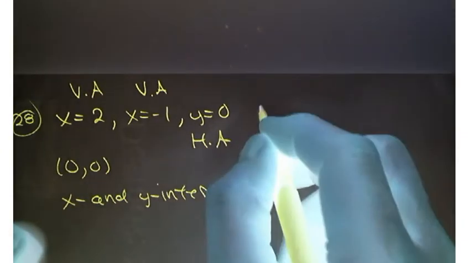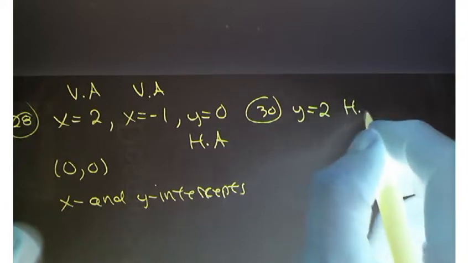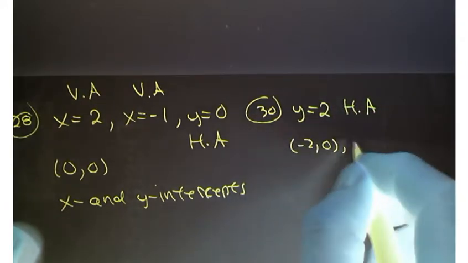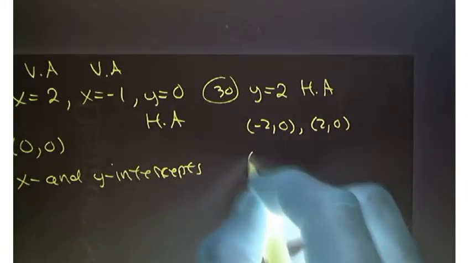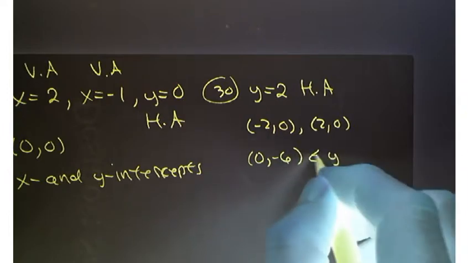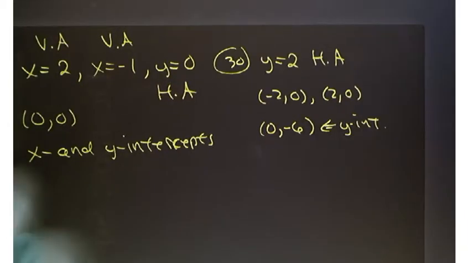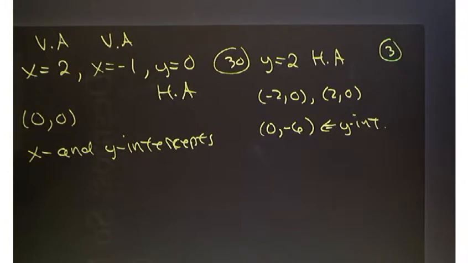For problem number 30, y equals 2 was your horizontal asymptote, and then we had roots at -2, 0 and 2, 0, and a y-intercept at 0, -6. That's pretty much it for that graph.